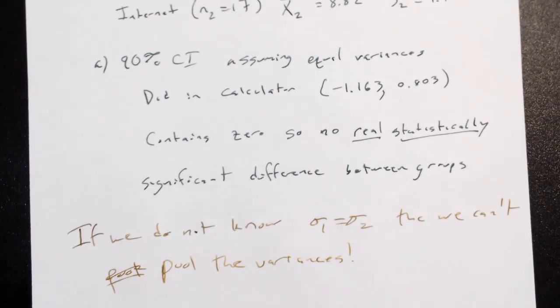What changes when we don't pool the variances? And if my degrees of freedom change, then that standard error is going to change.